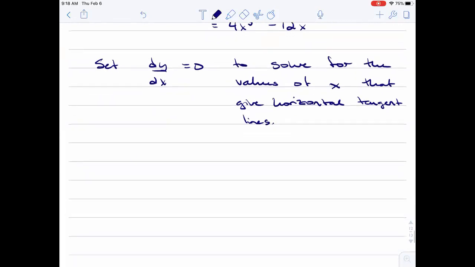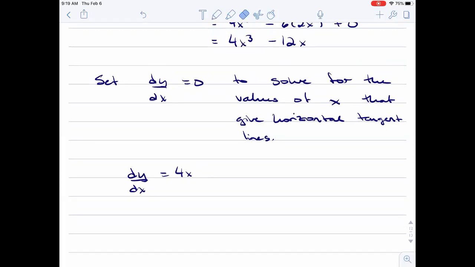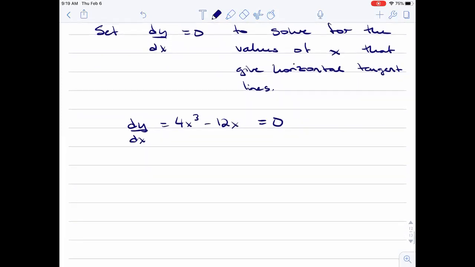So if we have dy dx is 4x to the 3 minus 12x, and I'm forcing it to be 0, I have to factor this somehow. I can pull out a common 4x, which is nice. And so what I have is 4x times x squared minus 3 equals 0.